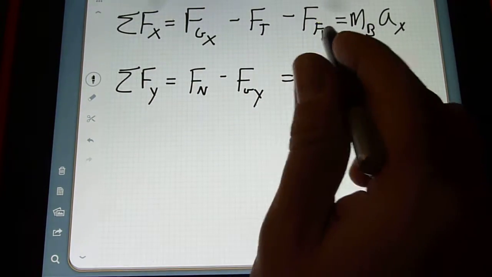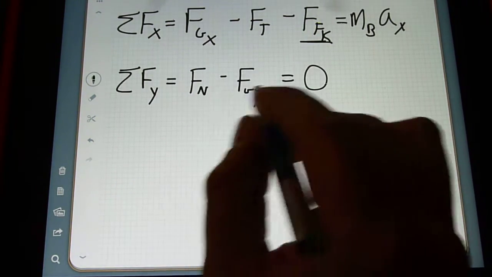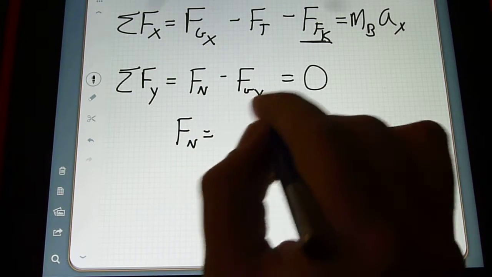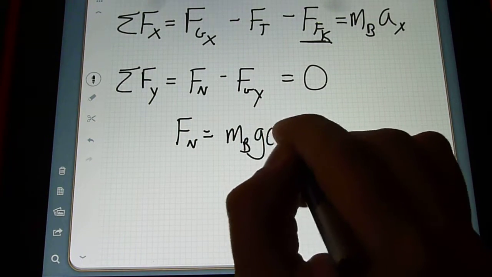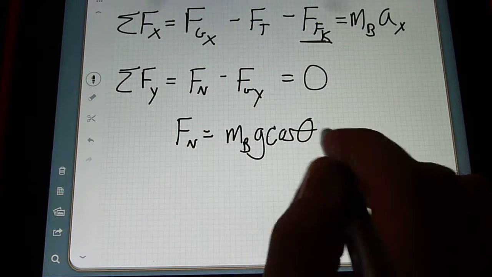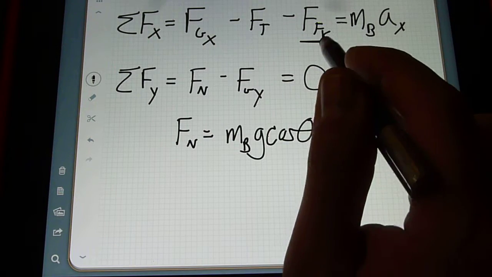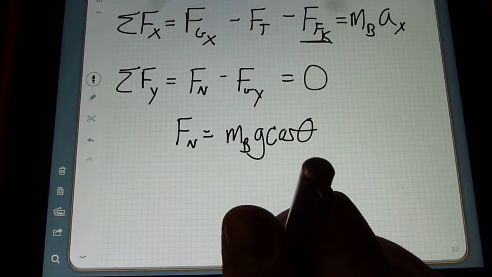I know that I'm going to need the normal force in here for my friction, so I'm going to work with this one first and say, okay, my normal force is just equal to the y component. That's going to be m_B times g times cosine of theta. So that's going to go in here: mu_B times my normal force. And then my x component is going to be m g sine theta.